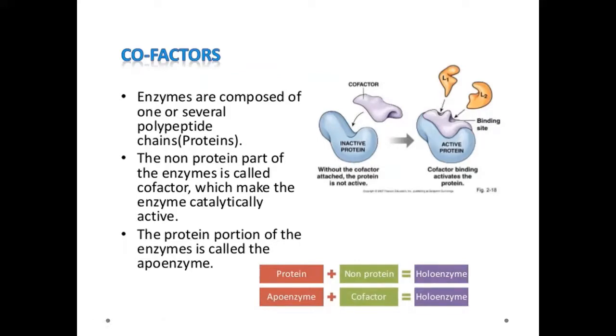If enzymes are complex, this enzyme needs a non-protein part or cofactor, as we say. For example, some metals. Without this cofactor, this enzyme will be inactive. The inactive protein connects with the coenzyme or cofactor, and after this connection, forms an active enzyme. Also, after connecting, this enzyme can be used in reactions.